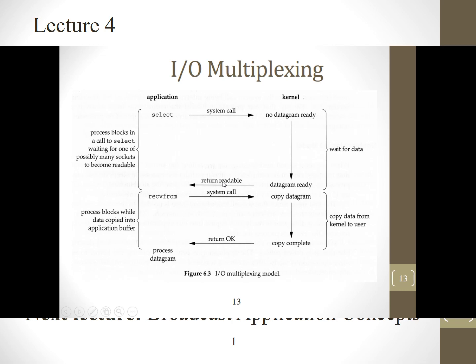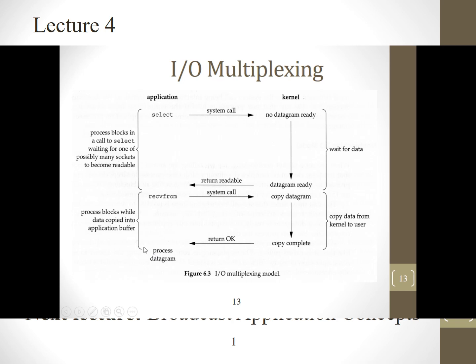So when the datagram has arrived, the recvfrom system call is sent. This is the second system call, recvfrom, called by the application. This system call goes to the kernel side to copy the datagram, the copy is complete, it returns OK, and the process is complete.